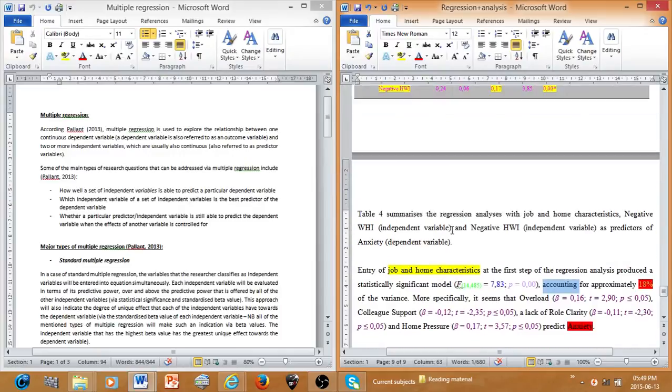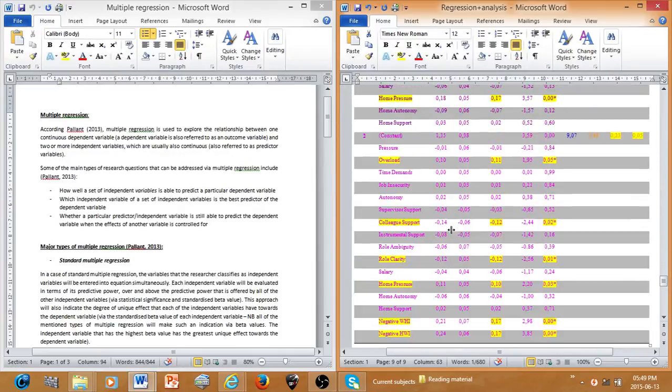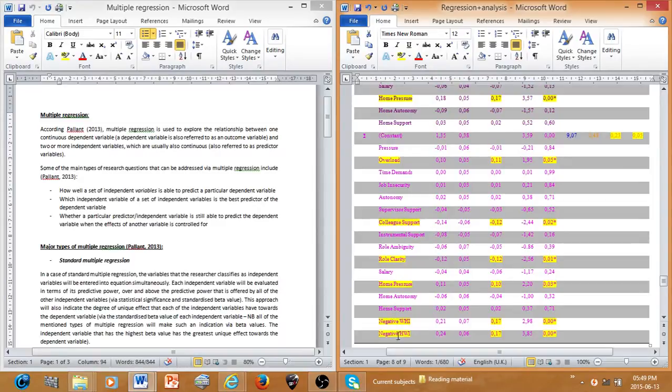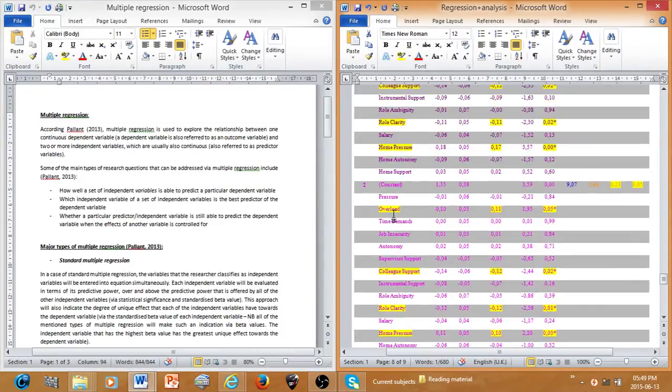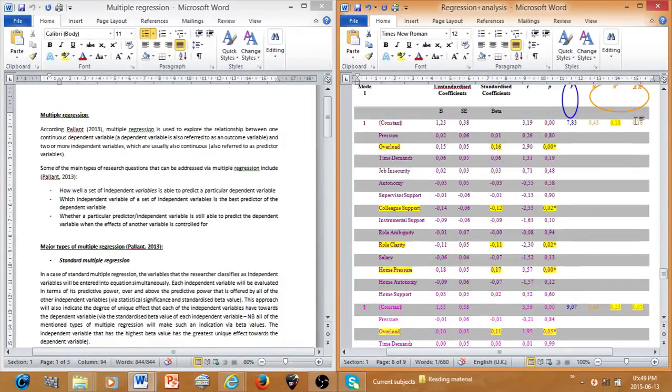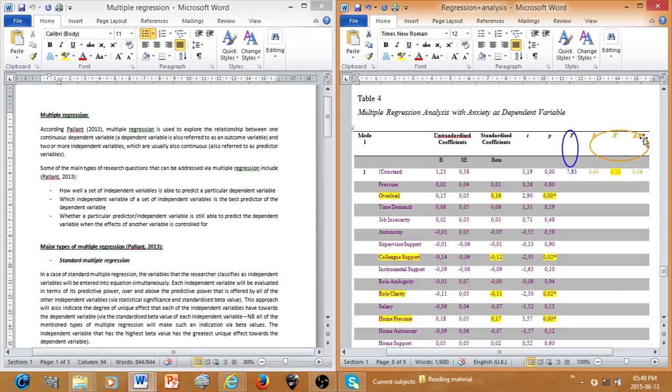Okay, so now going to the second step, like we saw, negative work-home interaction and negative home-work interaction were entered, and then an additional 5% of the variance in the dependent variable of anxiety, as indicated by the R-squared change, because I remember in statistics we learned that the symbol represents change.